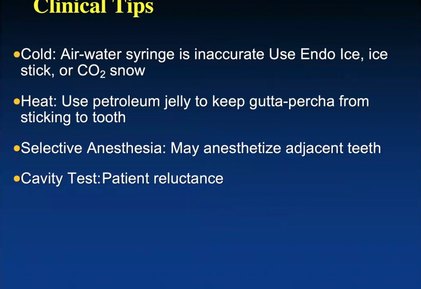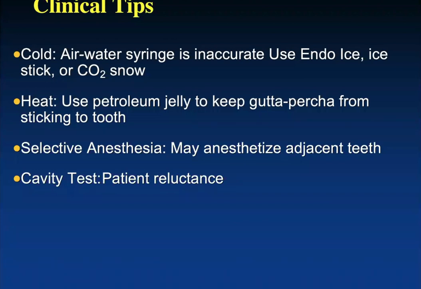Now the clinical tips for this part: for cold, the air water syringe is inaccurate. So when they say it's bothering me when I drink cold water and you cannot produce it, I would suggest that you use a rubber dam and you get a syringe with cold water and try to irrigate on the tooth and keep moving the rubber dam on the teeth that you suspect has the problem.